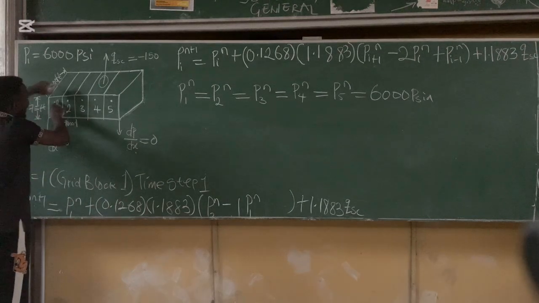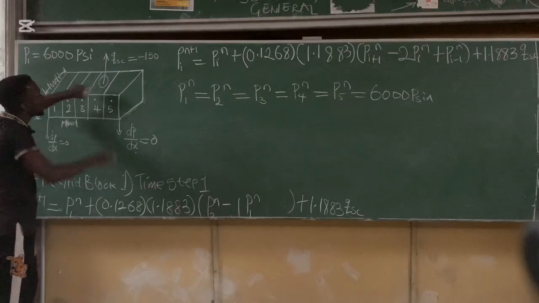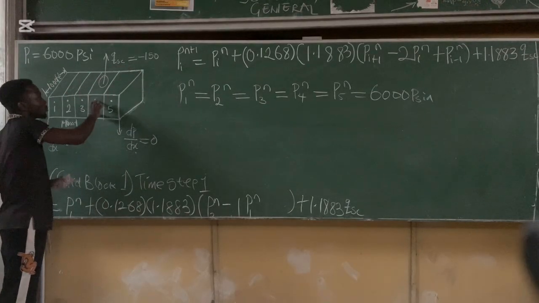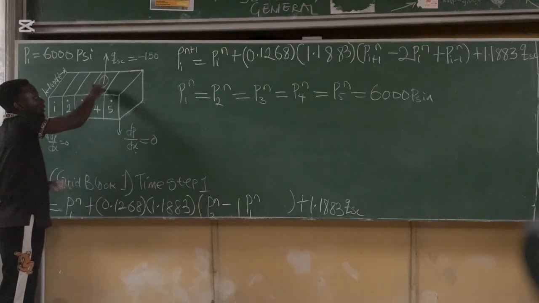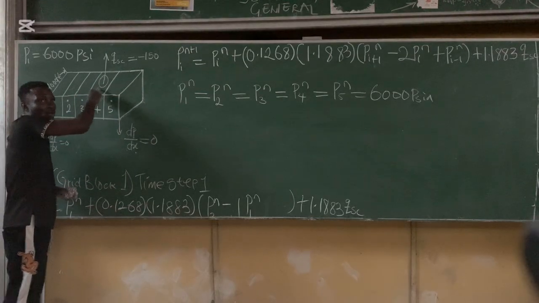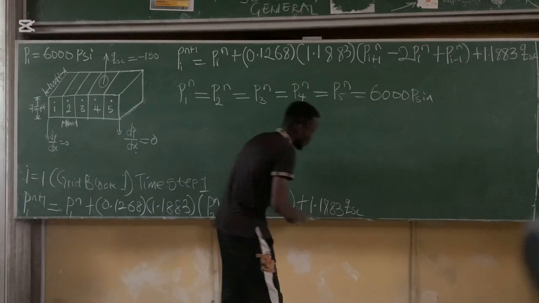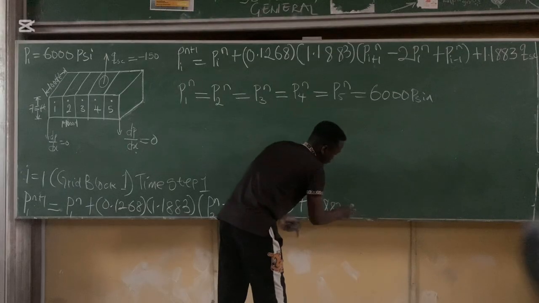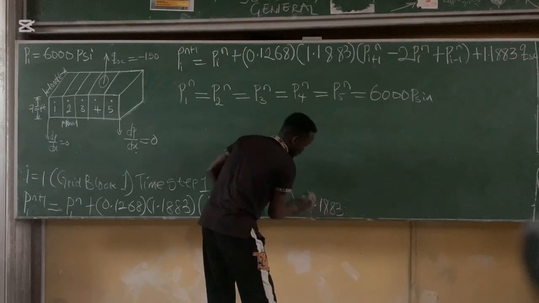Since the well is not located at grid block 1, we are not going to make use of the value of QSC. We only make use of the value of QSC when we get to block 4 because the well is located at block 4. So therefore, our QSC also becomes 0. So here we are going to have 0. If QSC is 0, everything here becomes 0.